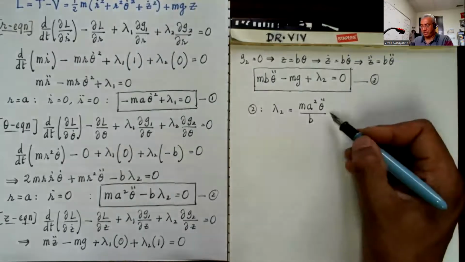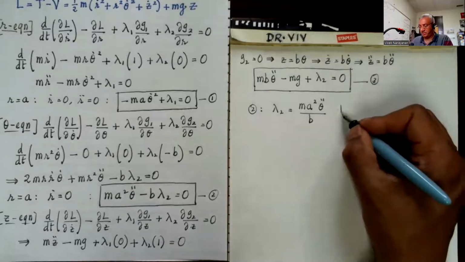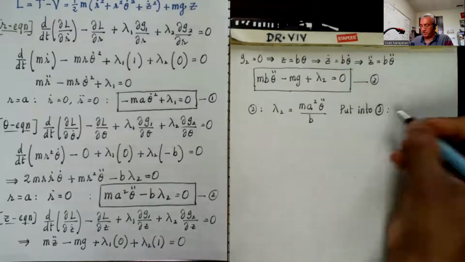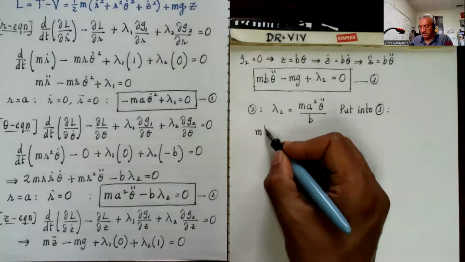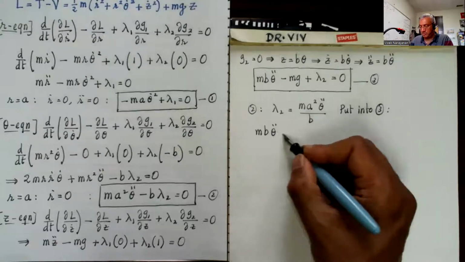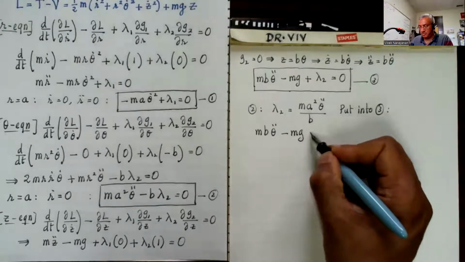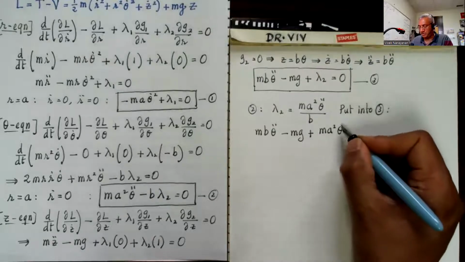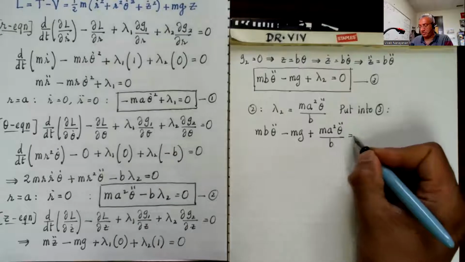And then I can substitute that into equation 3. Put into 3. So that gives me m b theta double dot minus mg plus m a squared theta double dot divided by b equal to 0.